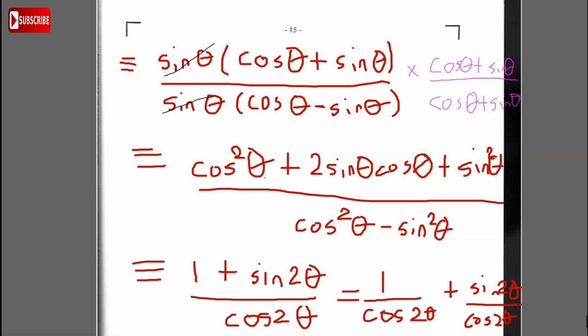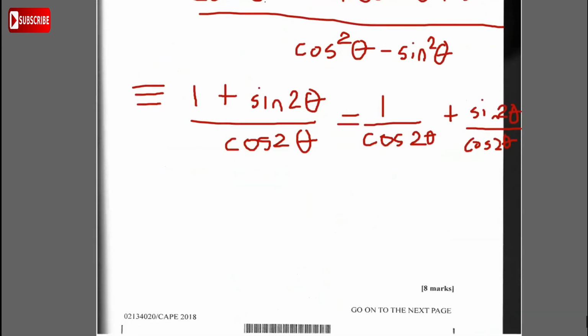And we're done now. We've pretty much finished. So that's 8 marks, nice and easy. As 1 over cos 2 theta, you can tell them that now is sec 2 theta. And then sine 2 theta over cos 2 theta is tan 2 theta. And so finally we complete the proof.